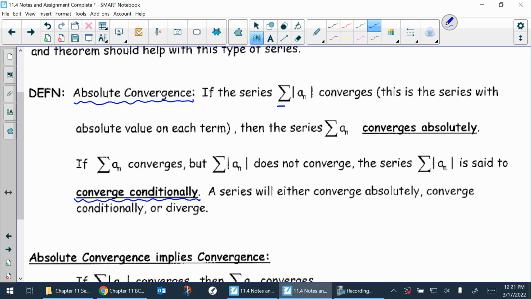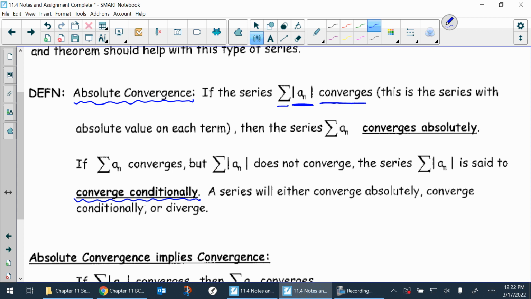If we have a series and we take the absolute value, maybe some of these were positive, maybe some of them were negative, but if we take the absolute value of every single one of the terms, if it alternated, it doesn't alternate anymore. Every single term's positive.